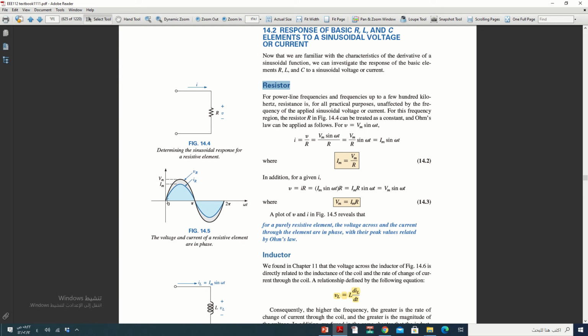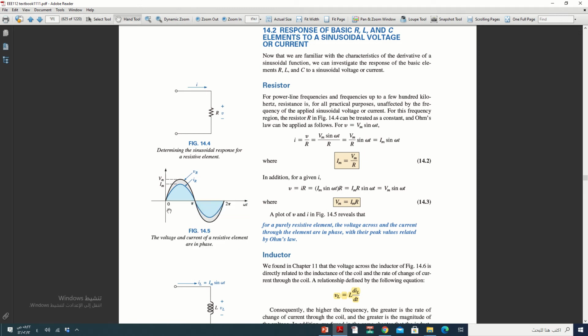Here in this example, since there is no shift, both current and voltage start from zero. The magnitude is different, since the current is less than the voltage, but when we say in phase, we need to concentrate on the start. They all start at zero.